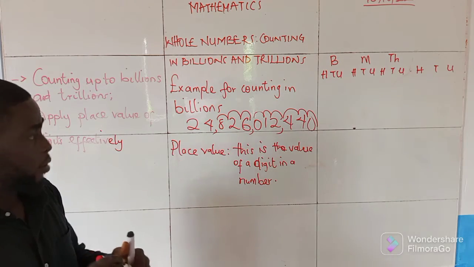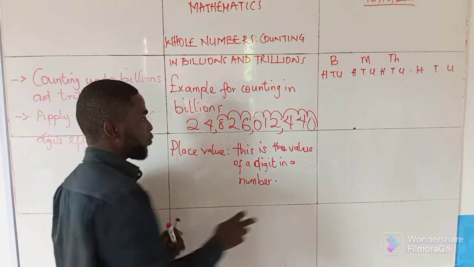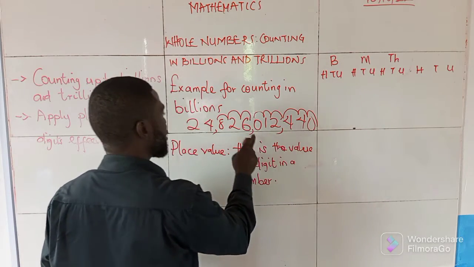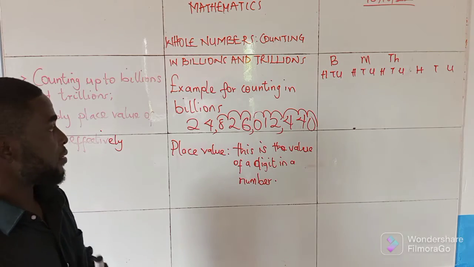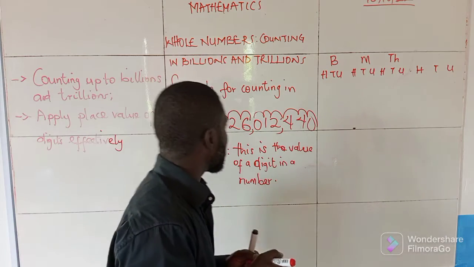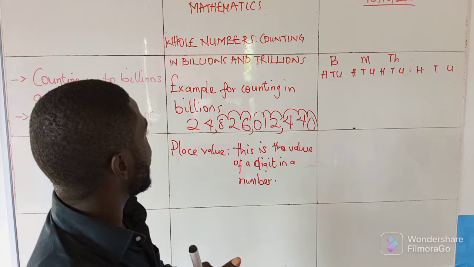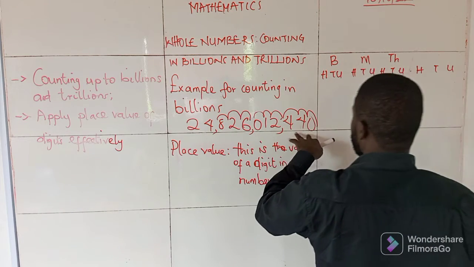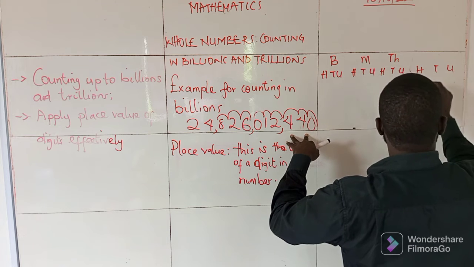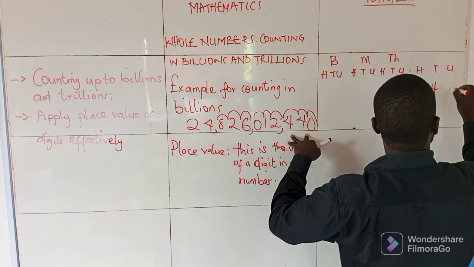Now, let's count how many digits we have. We have 1, 2, 3, 4, 5, 6, 7, 8, 9, 10, 11. 11 digits. Now, we'll place the digits under their rightful position. The last 3, hundreds, tens and units, fall under this category, 440.